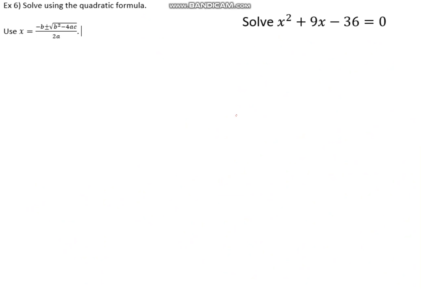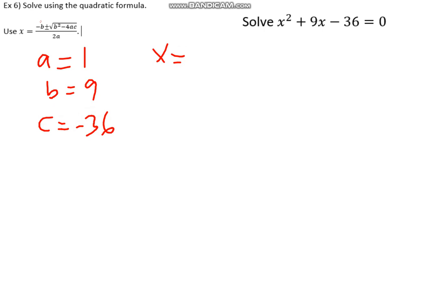Our final example here is using the quadratic formula. So real quick, I'll point out a is 1, b equals 9, c equals negative 36. I think it's helpful, especially when you're starting, to list those and then go from there. So all you're doing is following this formula.